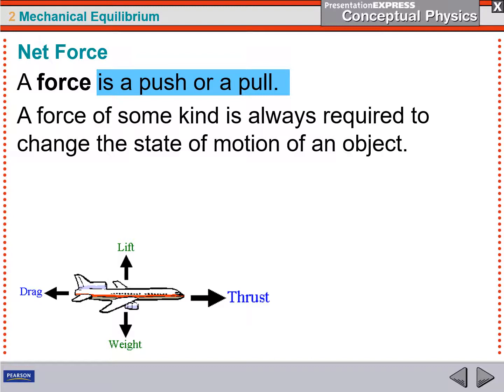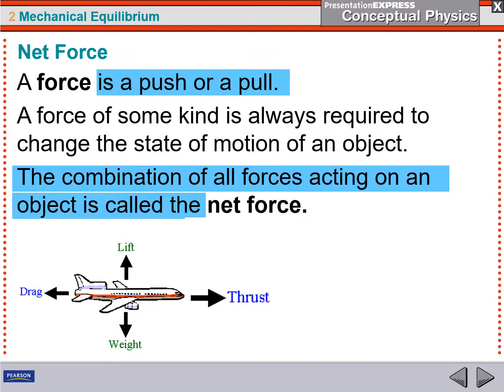It's very important that you note the careful language I'm using here. A force is required to change the state of motion. If an object is already in motion, that doesn't necessarily require a force, but it might. It depends on what other forces are at work.